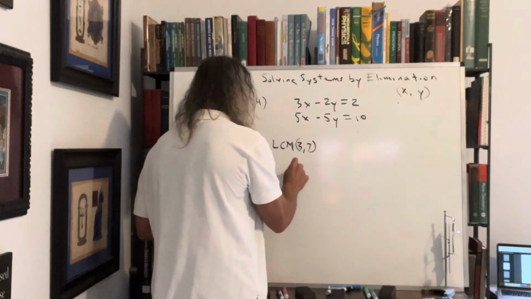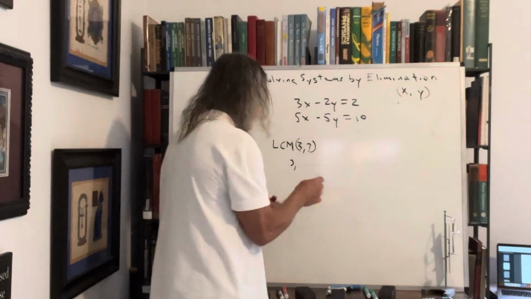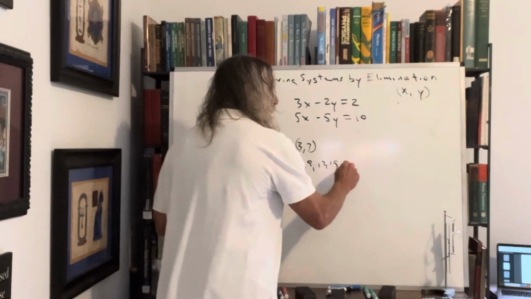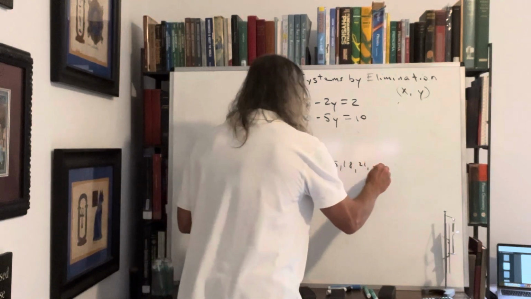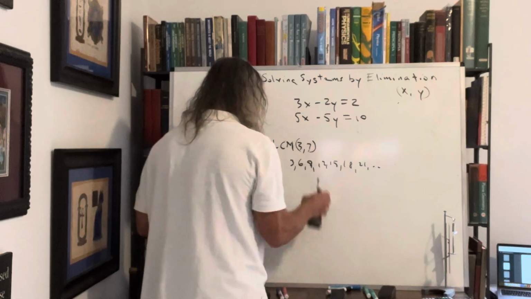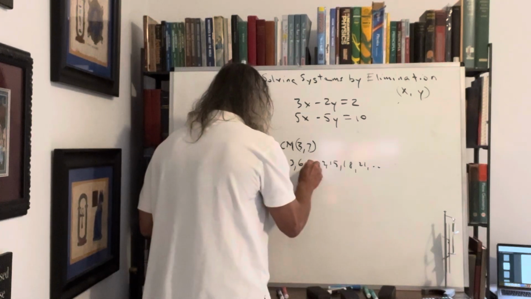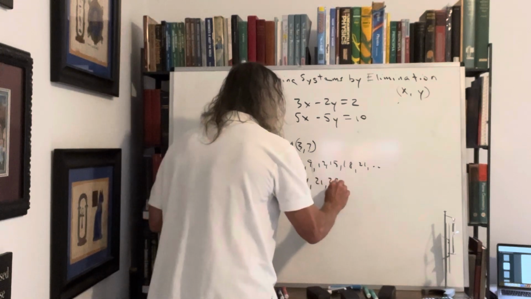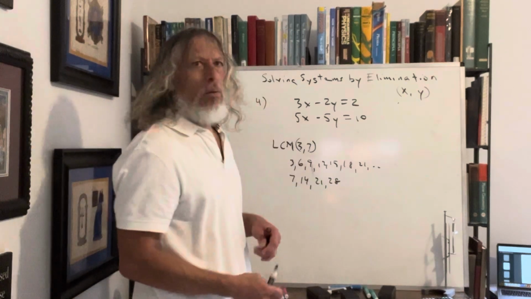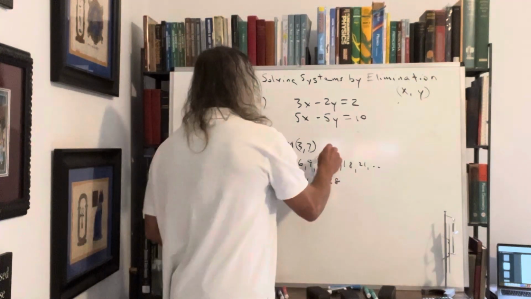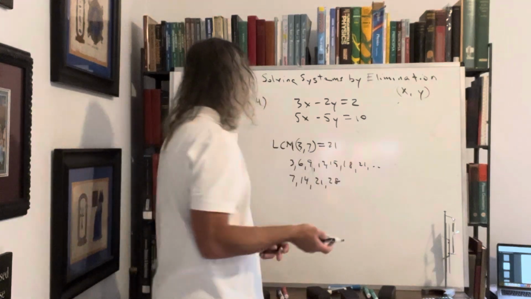Get the multiples of 3. 3, count by 3s. 6, 9, 12, 15, 18, 21, and so on. Multiples of 7, count by 7s. 7, 14, 21, 28, and so on. What's the first number they have in common? 21. So the least common multiple of 3 and 7 is 21.